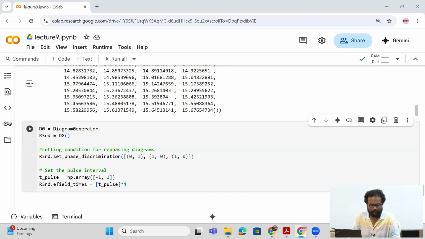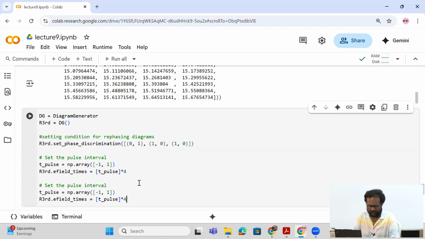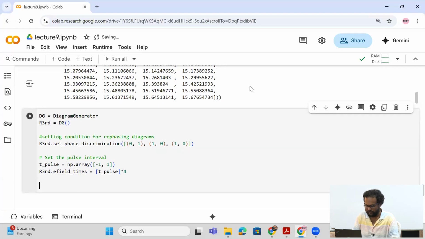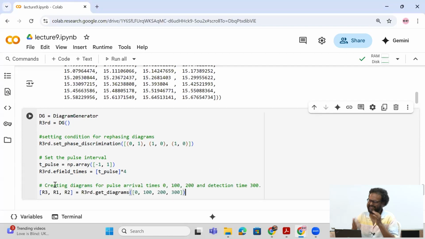So to do that, we will copy this and define pulse arrival times 0, 100, 200 and detection time, let's say at 300. You can play around and see what happens if I change detection time. Not much, because it doesn't matter for the diagram. Eventually the QD-Pi calculation and QT calculation takes care of that. But for UFS, you need to define this.